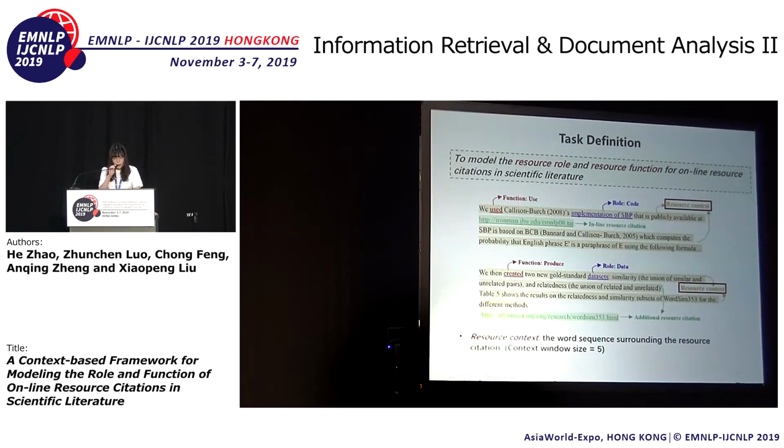You must want to know what the resource context is. The resource context is the word sequence surrounding the resource citation, and the context window is set to 5. It means that only 5 sentences around the citation will be considered.